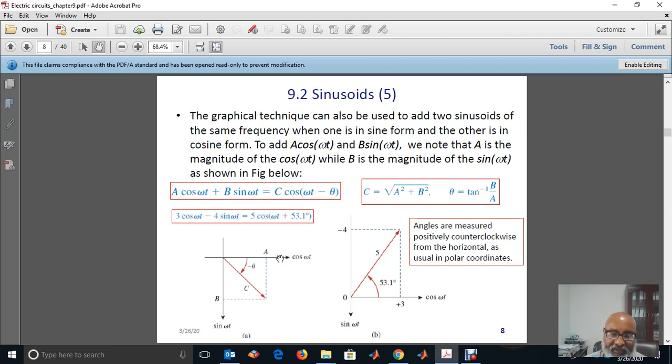Starting from the x-axis, we measure counterclockwise positive. If we measure clockwise, it is negative. So this example, if I draw it in the cosine and sine axis, or in the real axis and imaginary axis, I have an amplitude 5 and angle 53 degrees, positive 53.